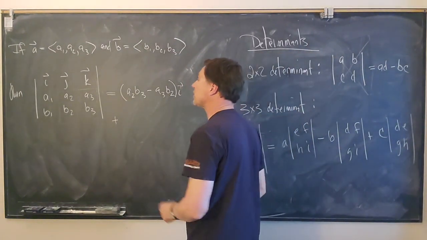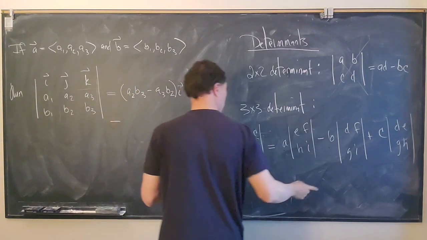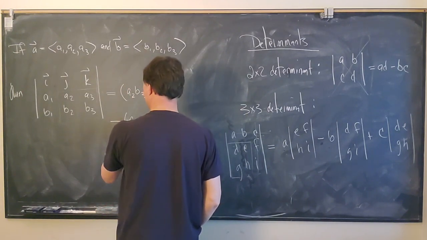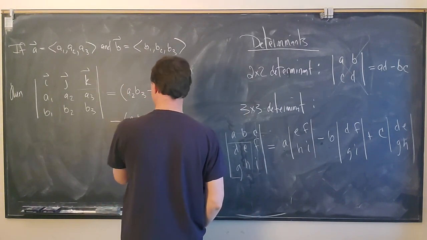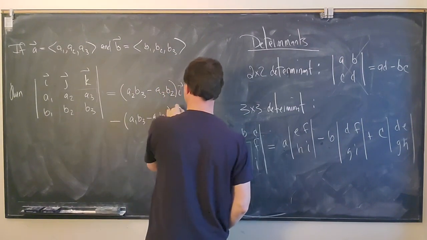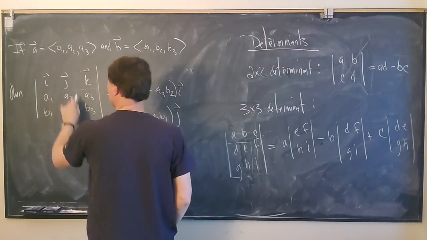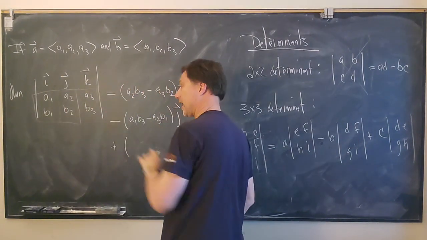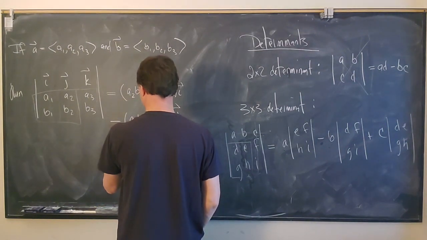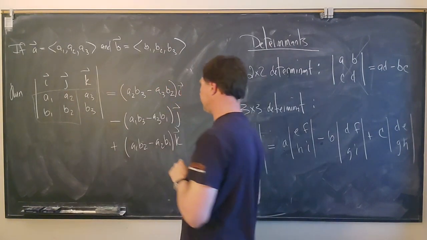So plus, okay, now it's going to be J. Sorry, it's not going to be J, it's going to be minus J. Remember, for a 3 by 3, you reverse the sign of the middle term, and so that will be A1, B3 minus A3, B1, times J. Plus, now it's going to be K times the determinant of the lower left-hand 2 by 2. So that will be A1, B2 minus A2, B1, times K.